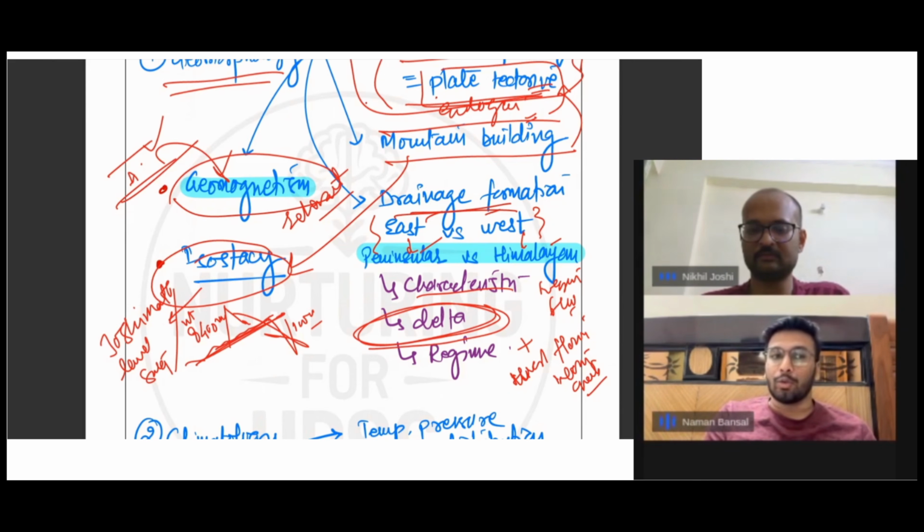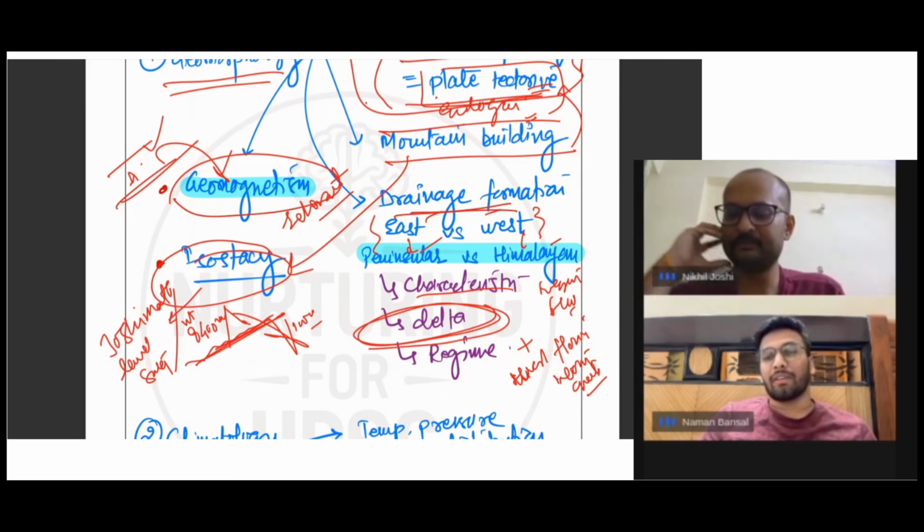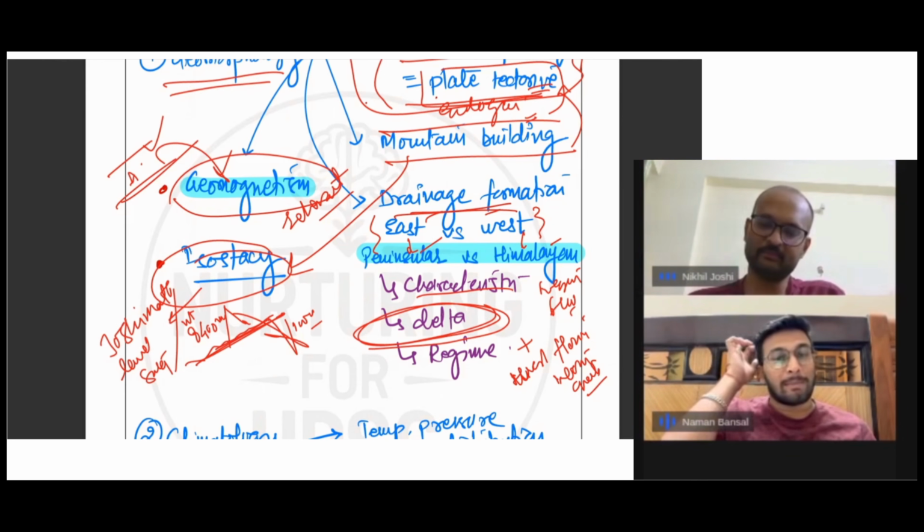If you are able to derive some applications of that theory in real life, then the examiner rewards you very well. That goes with paper 2 of any optional, right? Because why do people not get marks in paper 2 of any optional? Because paper 2 is applied in nature. We have to derive the real life applications of those theories. Similarly, if you are able to do this in GS, you will get good marks.